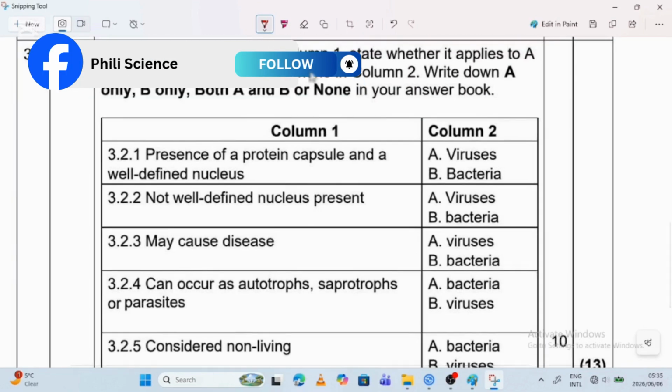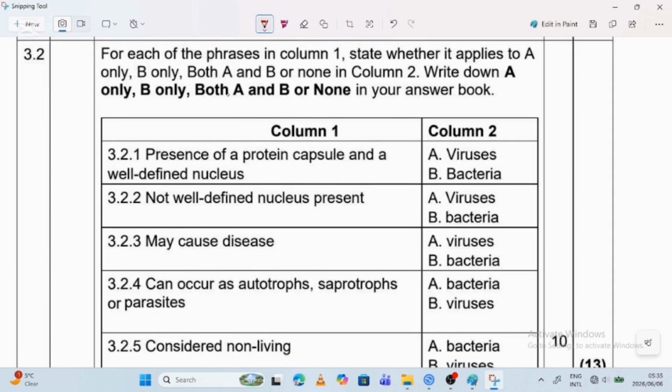Right. So let's look at 3.3. 3.3 is the same question. We have to answer A only, B only, both A and B, or none. Let's look at 3.2.1. Column 1 says the presence of a protein capsule and a well-defined nucleus.